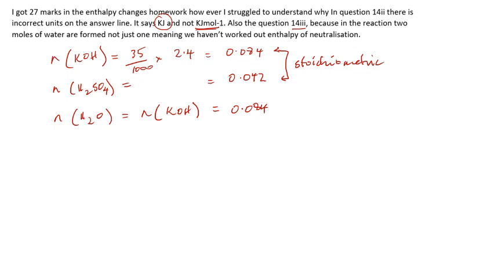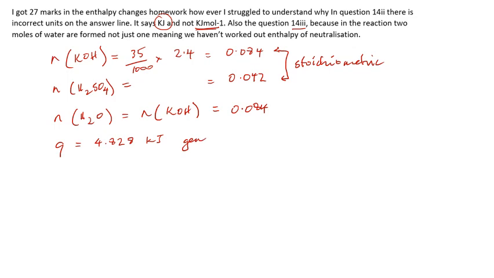Now, in an earlier part of the question, you've worked out Q from mc delta T, and that's come out to be 4.828 kilojoules, and that has been generated, right?